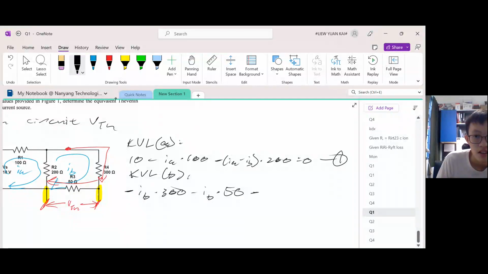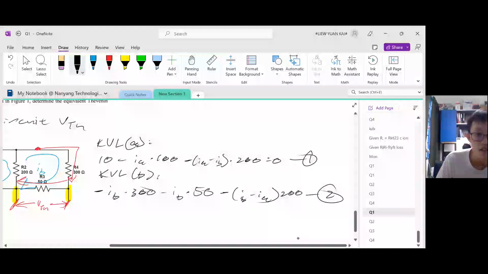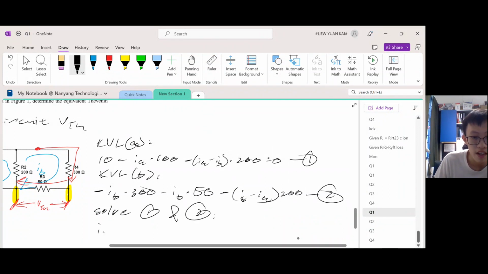Potential drop. Net current upwards is IB minus IA. Then the resistance is 200. Then we return back to the starting point. So this is equation 2. Now solve 1 and 2 to get IA and IB.